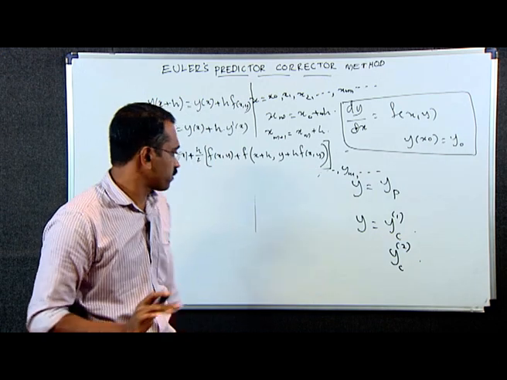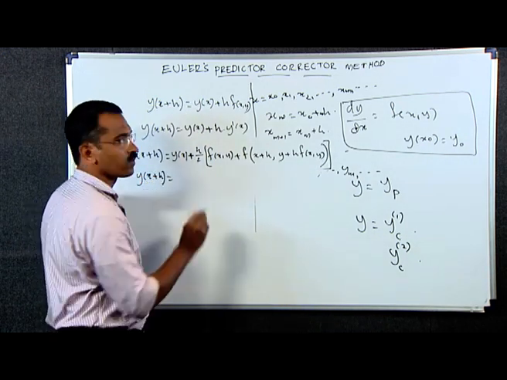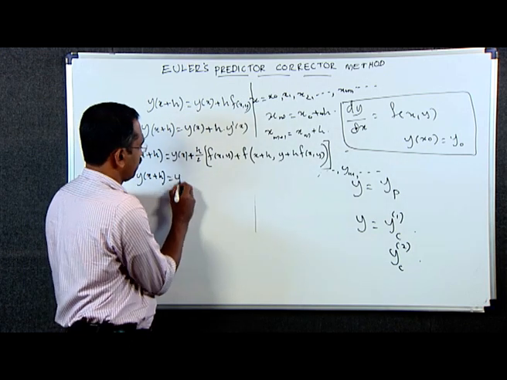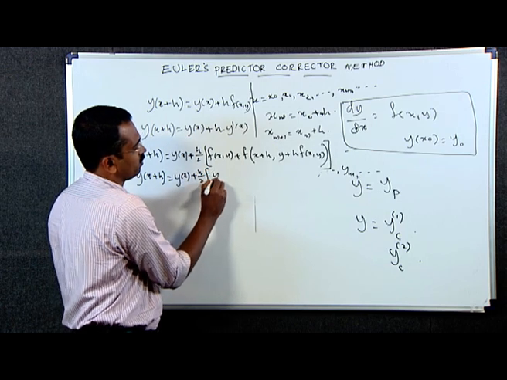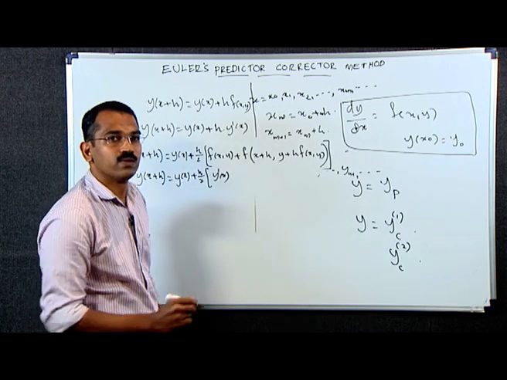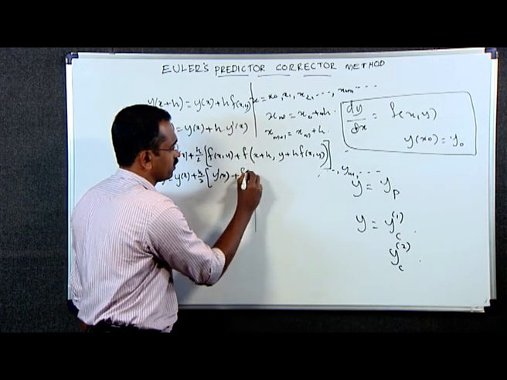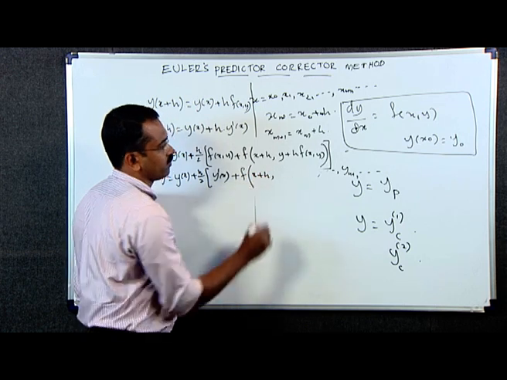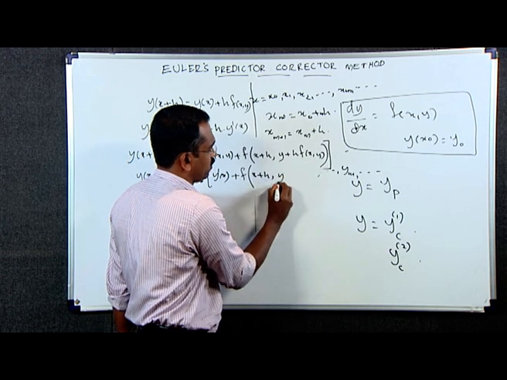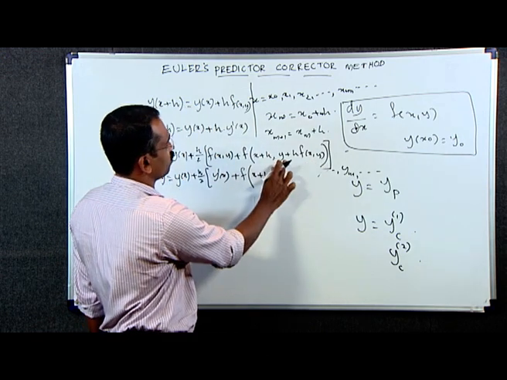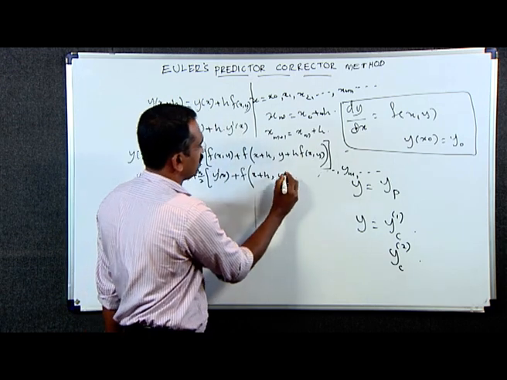That is, y of x plus h is equal to y of x plus h by 2 into f of x, y, which is y dash of x, plus f of x plus h, comma, y of x plus h. Here y of x plus h is y of x plus h into f of x, y.